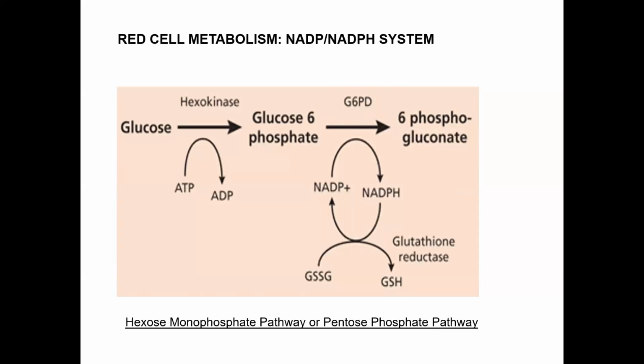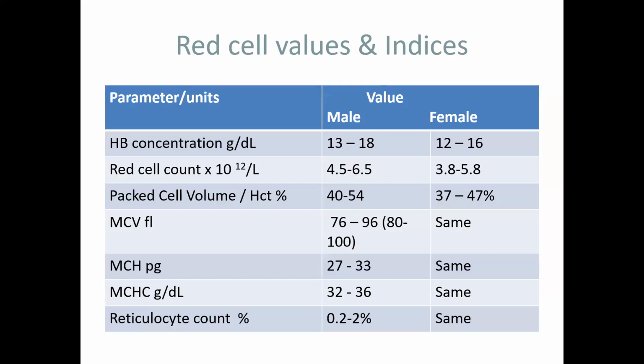Okay, so even if you have hexokinase abnormalities, etc. Okay, so this pathway, and you will come across it again and again when we go into details about these abnormalities, is very essential for maintaining your glutathione in a reduced state in order to keep the hemoglobin in the normal form, where the iron in the hemoglobin is in a reduced state.